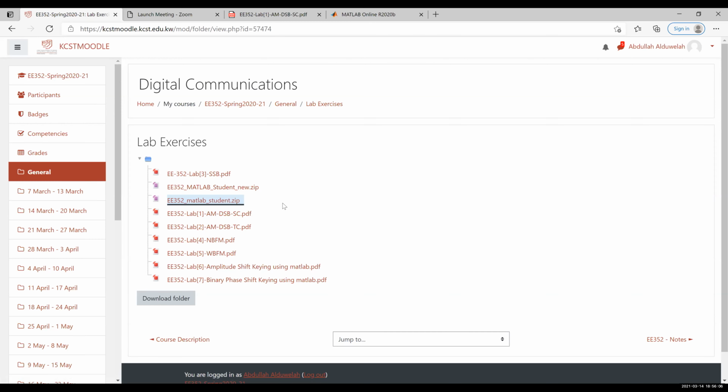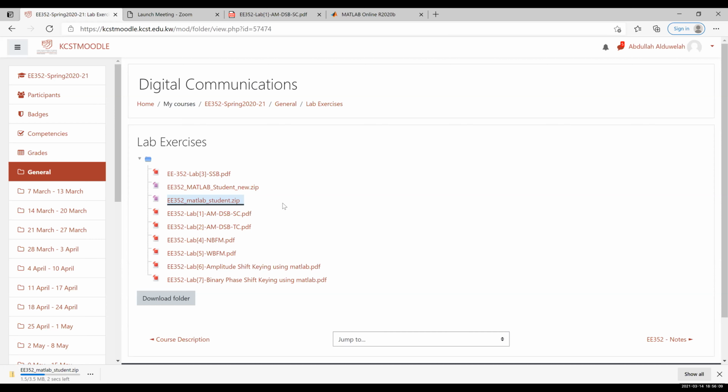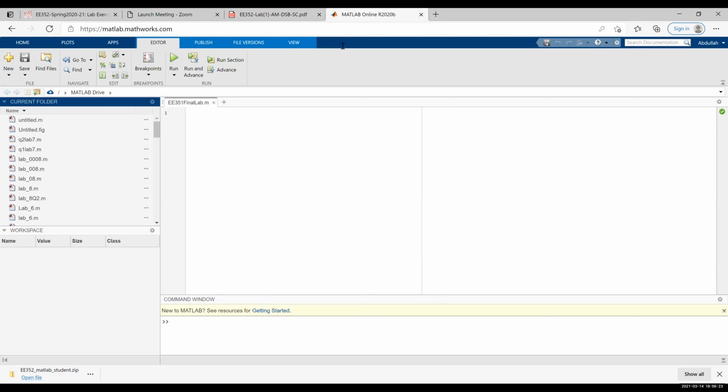Click on it and it will start downloading. Is it downloading? I cannot see it from here. Yes, doctor, it's downloading right now. Right. Once it downloads, then you drag and drop the file right now. No, don't open. Drag and drop the same file here in this one.